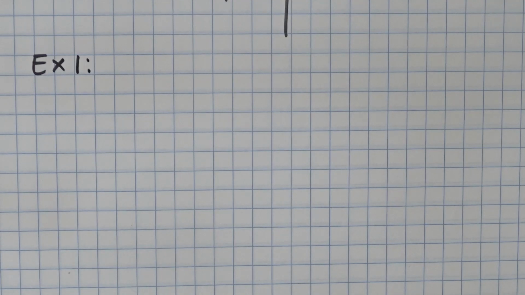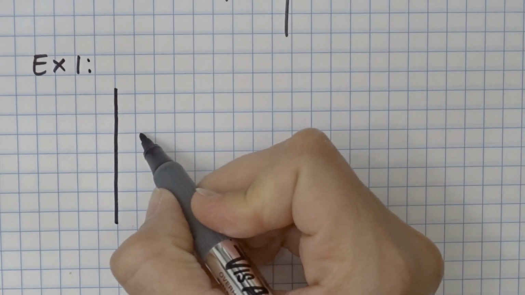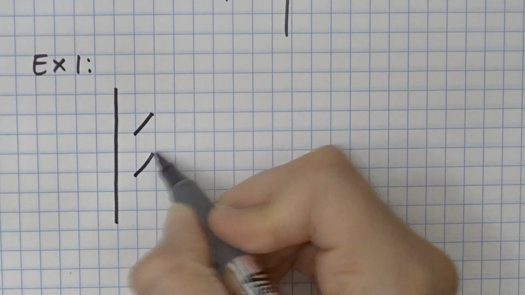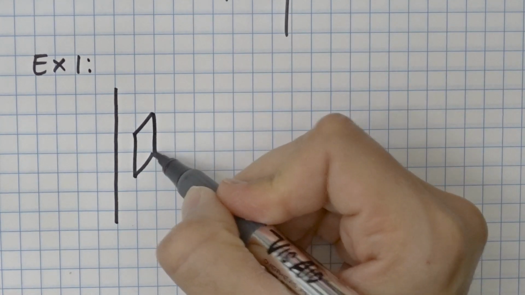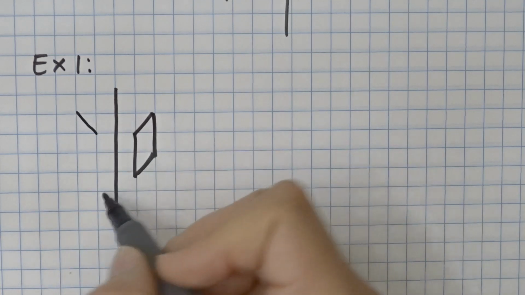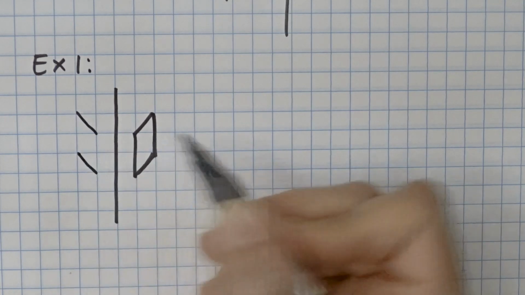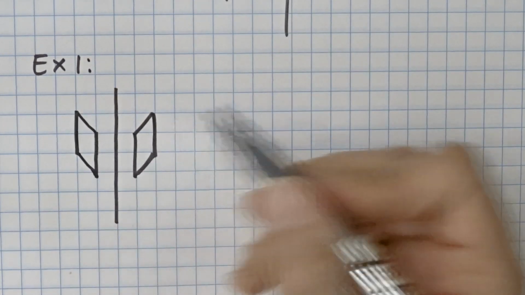Just a quick vocabulary check or understanding check. If these two are reflections, they are going to be congruent, by the way. When you reflect a figure, they remain congruent. Same size, same shape. Now, they're in a different position, but they will still be the same size and shape.